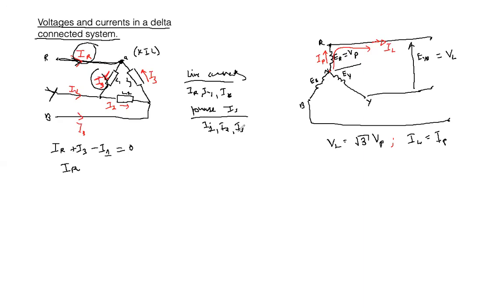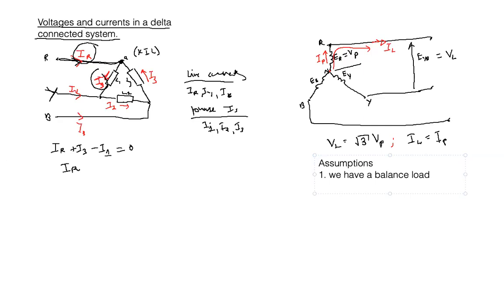Now, what we are going to do is assume, let me write the assumptions. So the assumptions are going to be we have a balanced load. Balanced load means that the resistors are the same.